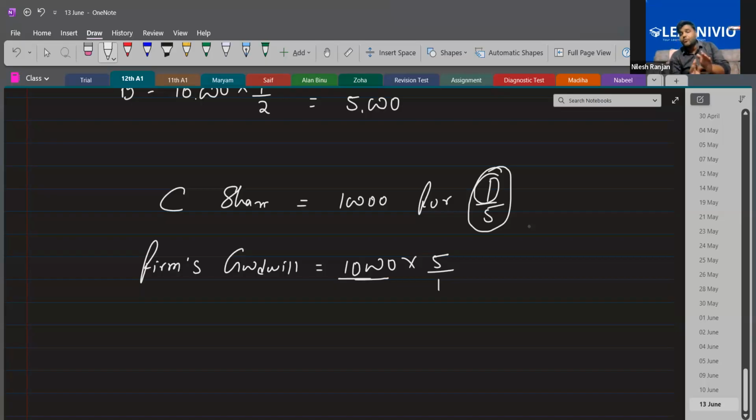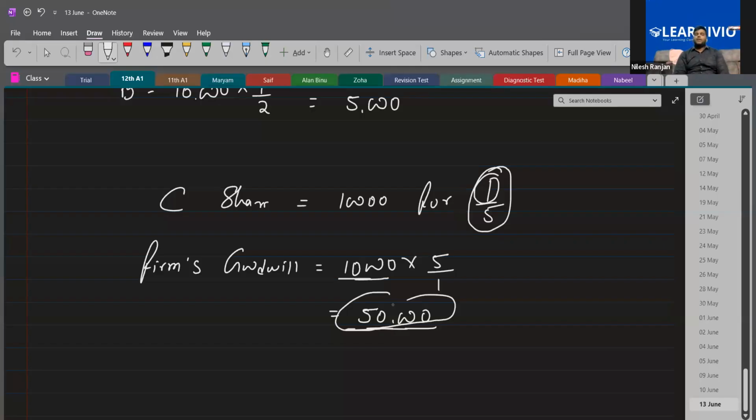So what will be the value of total shares? 5,000. What? Okay, let me rephrase the question. There is 5 pens. For 1 pen, you have to pay 10,000. So for 5 pens, what will be the amount you have to pay? 50,000. Yes, it is 50,000. So why you said 5,000 then? Yes, it is 50,000. So firm's goodwill is 50,000.